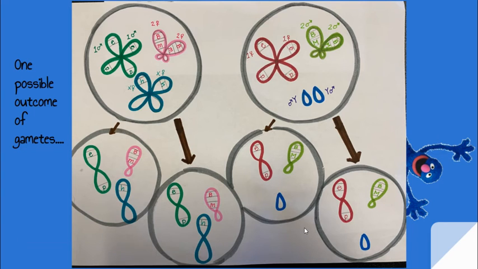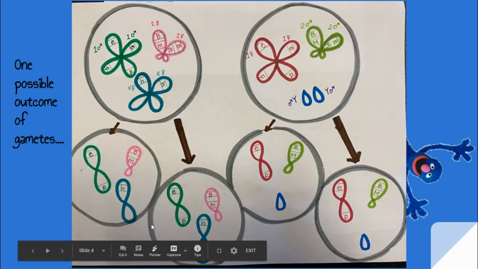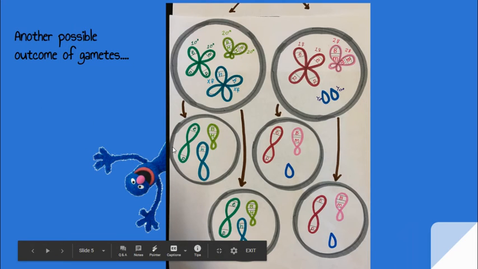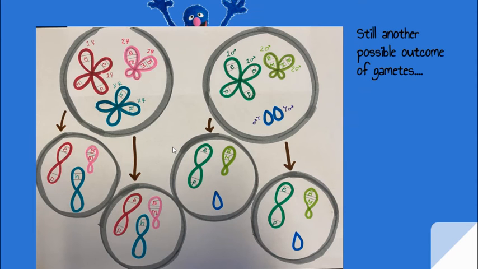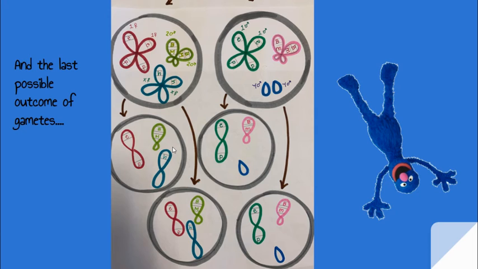As we move through here, we can see that we have more possible sets. Here's another possible set. Here's another possible set. And finally, here's another possible set. So we've got 4 different sets of gametes with all kinds of different combinations.